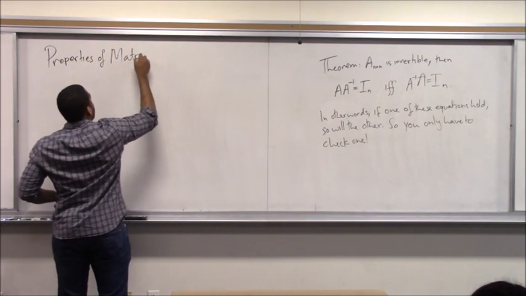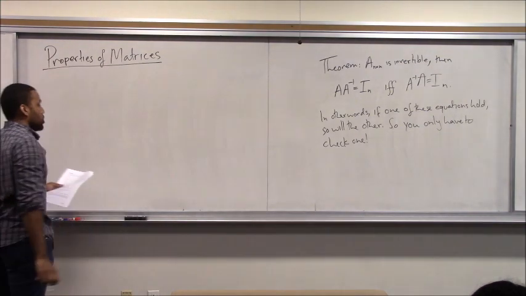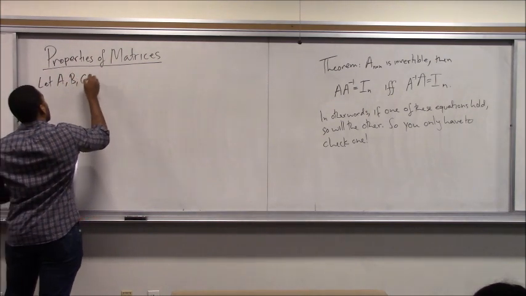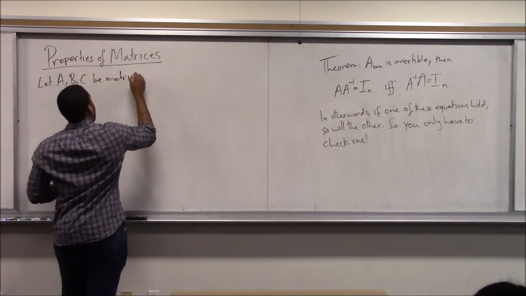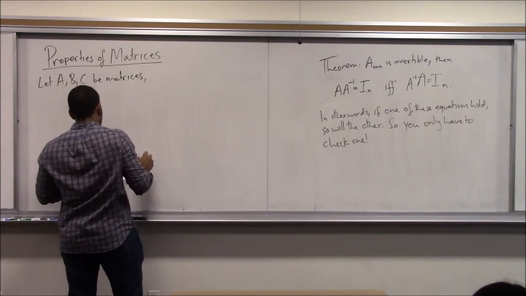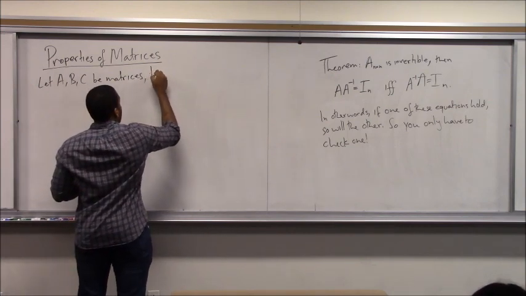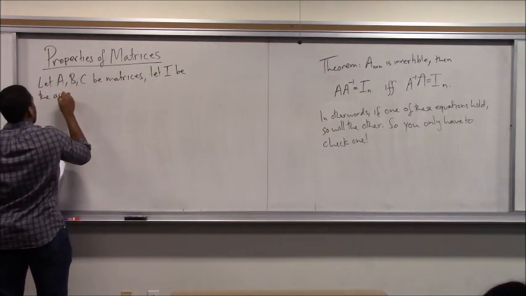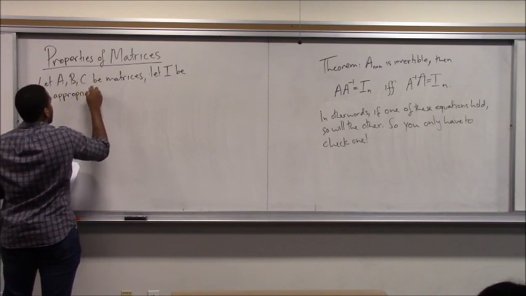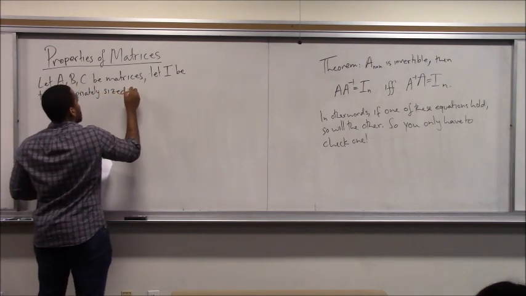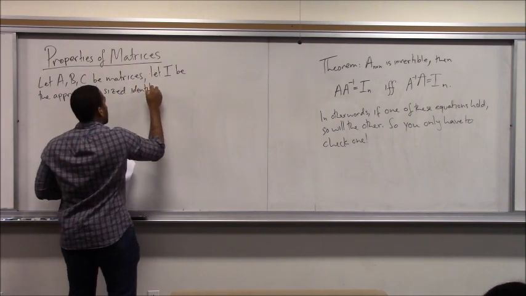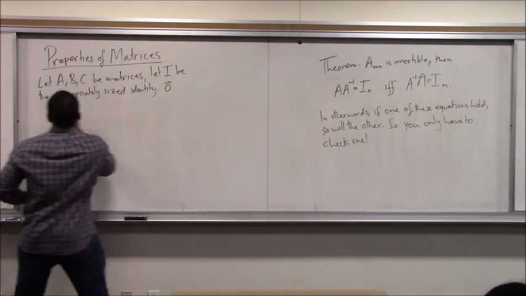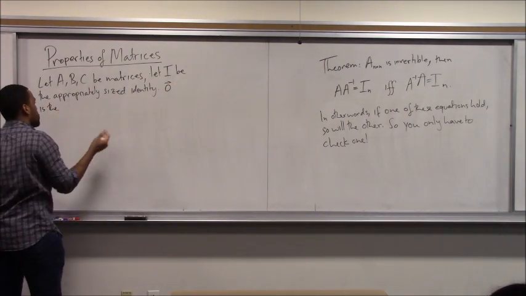Now, all of these can be proven. I'm not going to prove them for you. I'm just going to tell you what they are. So let A, B, C be matrices. Let I be the appropriate size identity. Zero is the appropriate size zero matrix. It matters what size everything is.